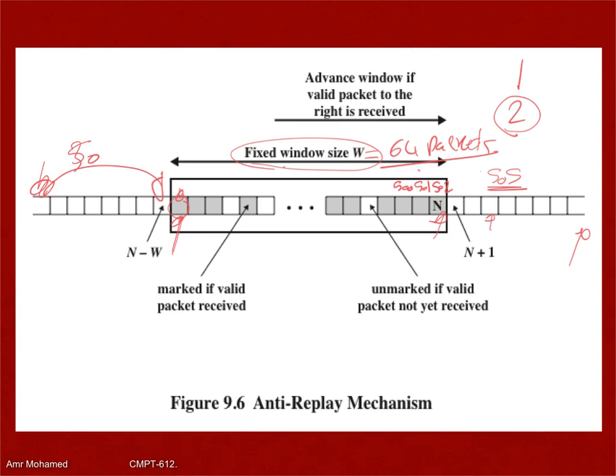For any window technique, there is a logic for what you do before the window, within the window, and there is also a logic for how to slide the window. The window technique means it has to slide. So if you receive a packet after the window, and this packet is authenticated and verified, it is a valid packet. It cannot be a replay attack because it's a fresh packet.